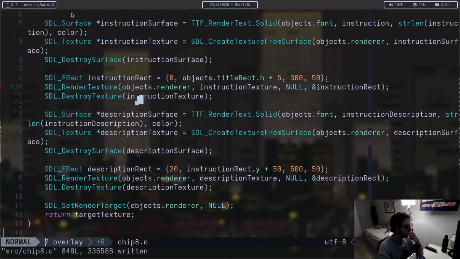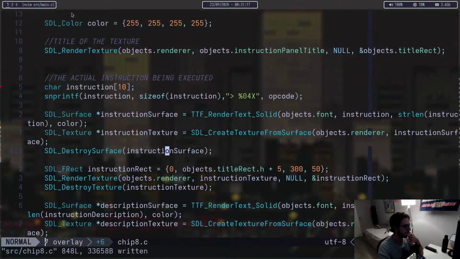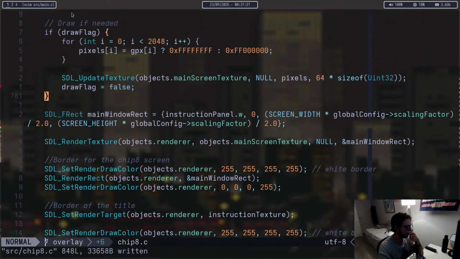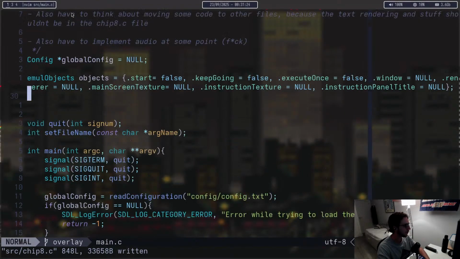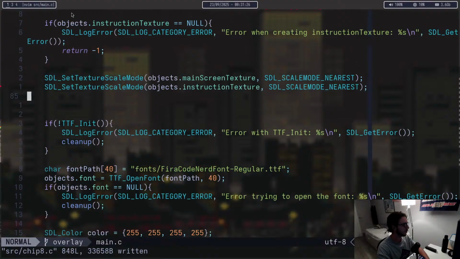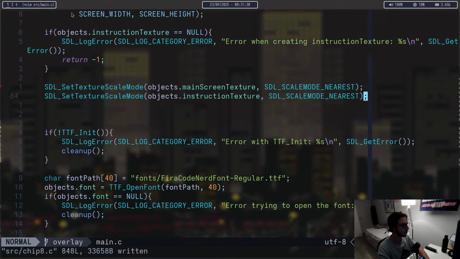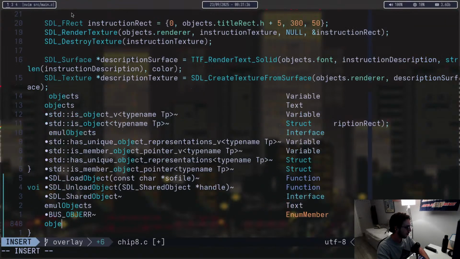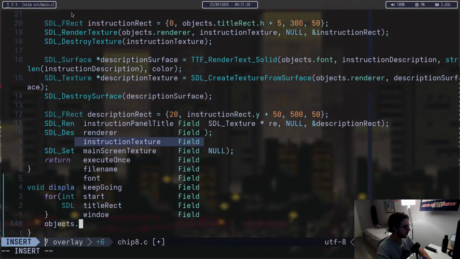So do I even use my other stuff? This screen texture and this instruction texture. So this is the instruction title texture. And then objects dot instruction texture and then instruction panel title.